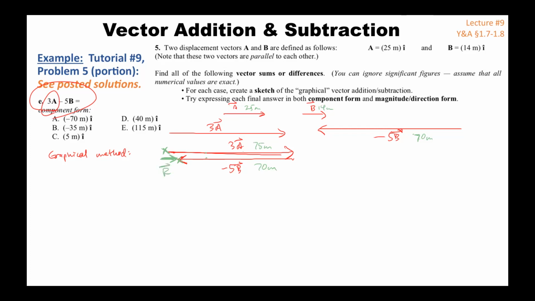Just by inspection, we can confidently say that the answer in magnitude and direction form is 5 meters to the right, exactly to the right, or at 0 degrees.